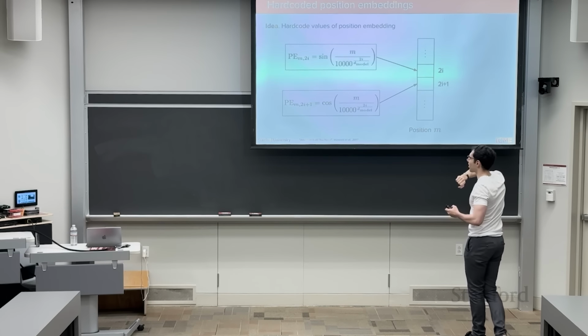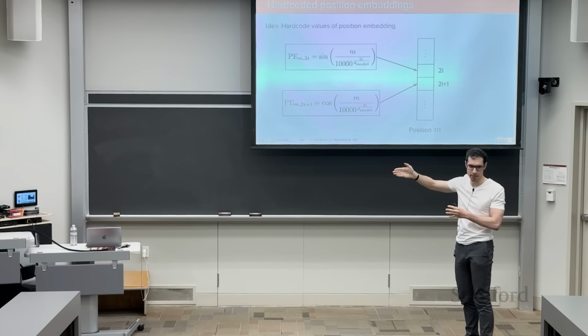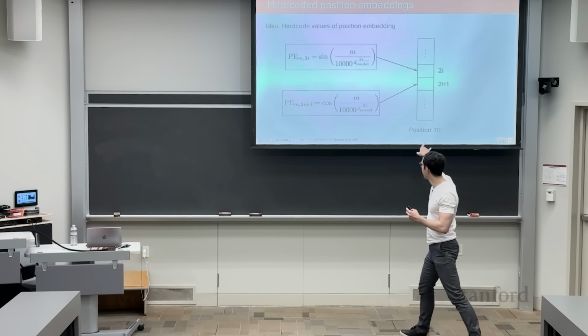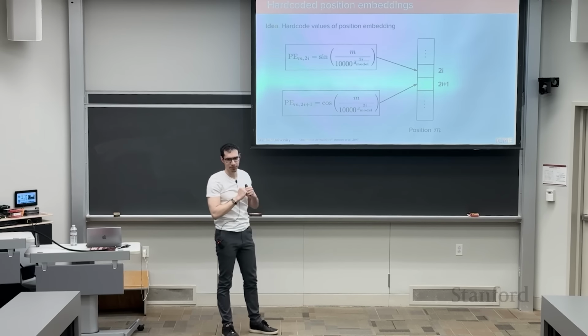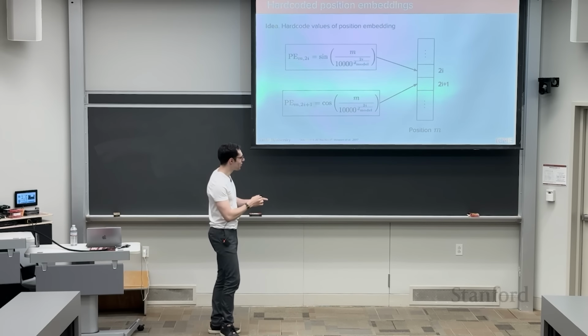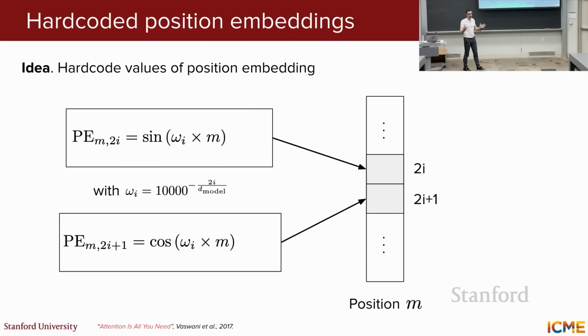So what are these formulas? It's sine of something times M, and we're going to see what that something means. And then the second one is cosine of something times M. So who remembers trigonometry formulas? Cool, everyone.